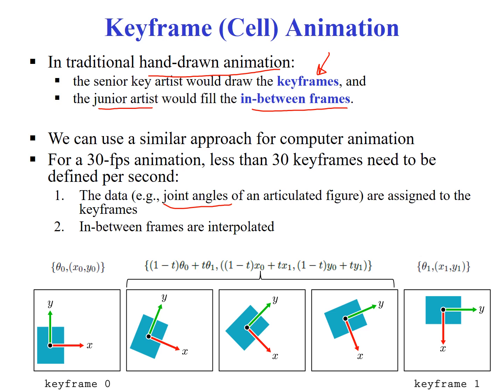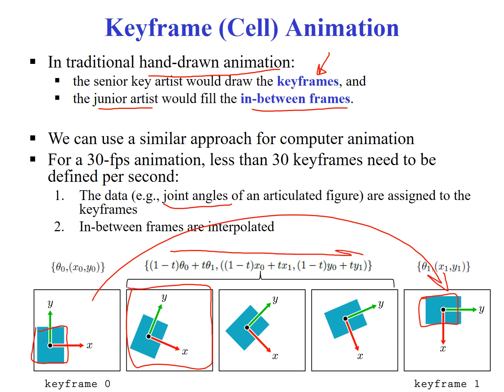In-between frames are interpolated. For example, we have this box object that needs to be rotated by theta 1 degrees over here, but we don't want to go suddenly from this state to this state. We generate in-between interpolated frames so that the object moves smoothly from this position to this position, and the in-between frames can be generated using a linear combination of theta naught and theta 1, where the weight of theta naught decreases as we move from here to here, and the weight of theta 1 increases.